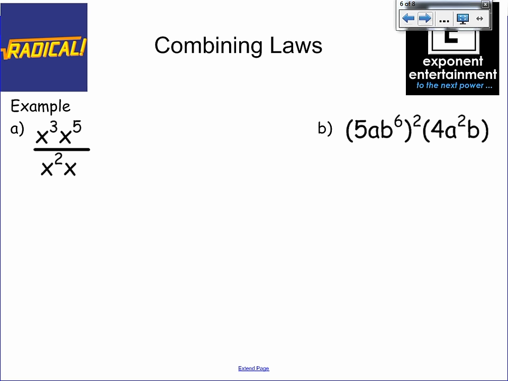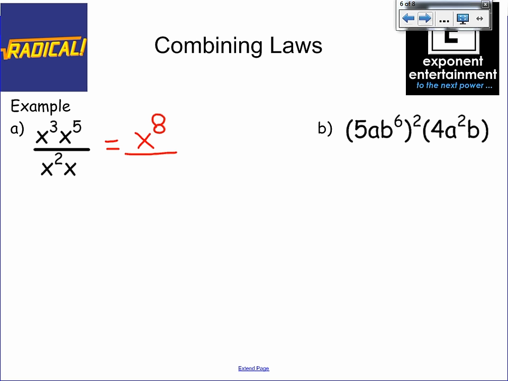To do that, we use our product law, knowing that x to the power of 3 times x to the power of 5 gives us x to the power of 8 on the top. We get that by adding the exponents. That's the power of a product law, one of the first ones we learned. On the bottom, we do the same thing. Don't forget that that exponent is actually a 1.